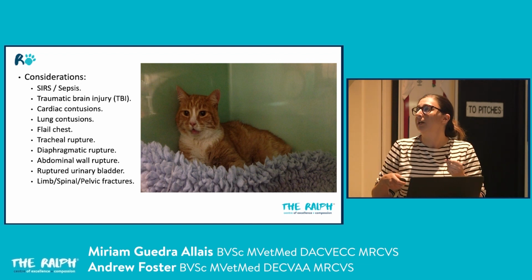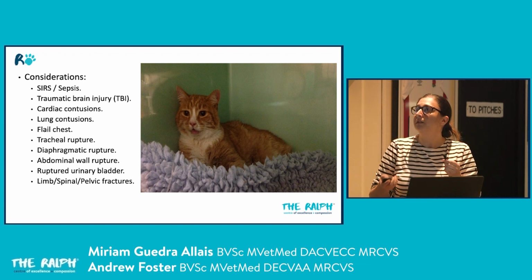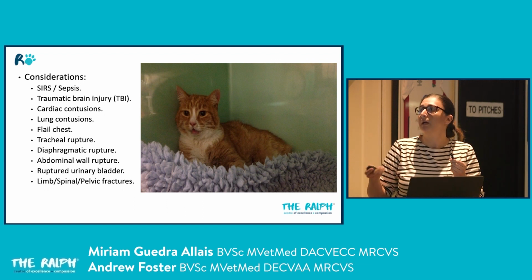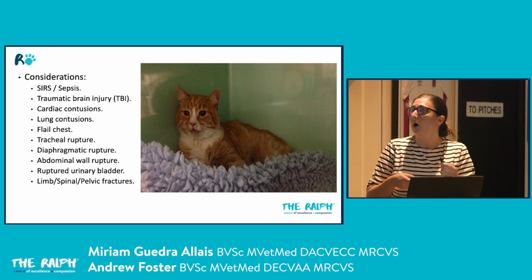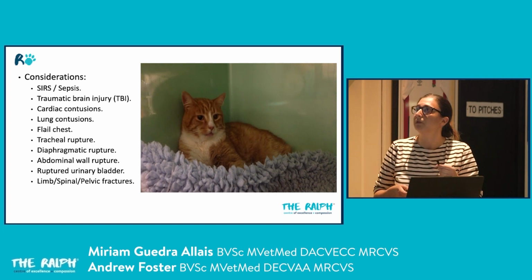Other considerations: cardiac contusion, lung contusion, flail chest, any type of tracheal or upper airway rupture, diaphragmatic rupture, any abdominal wall rupture. Is the bladder intact? How bad is my spine, my pelvis? So it's really a full assessment of the patient.